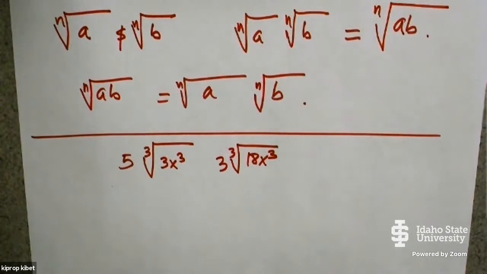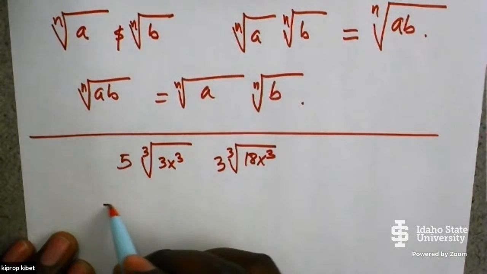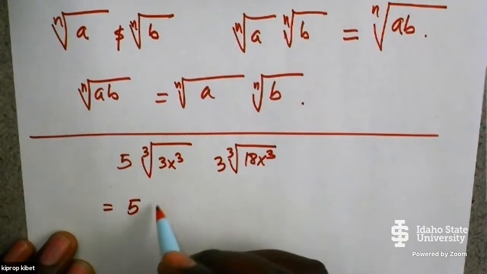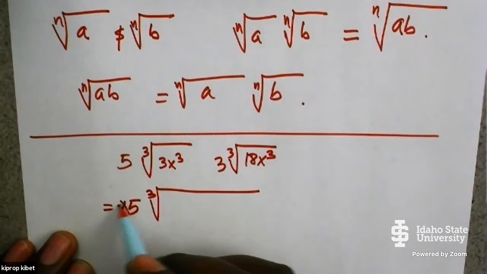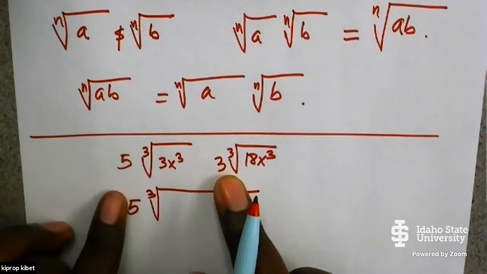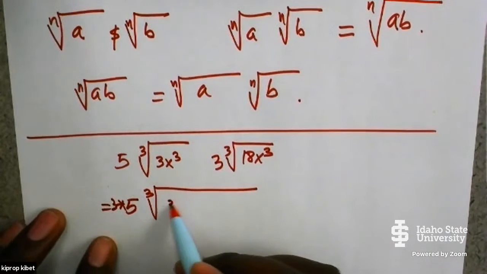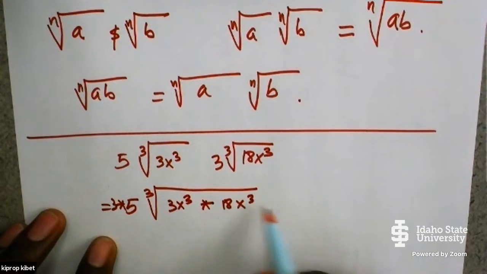So using the same method as up here, this is the same as 5 times the cube root of, and then there is 3 outside, which is this and this, the cube root of 3x cubed multiplied by 18x cubed.